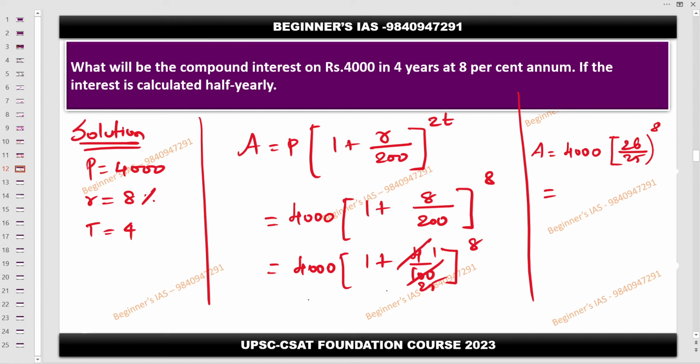One point something, isn't it? Here this one is 1 point something, just 1.04. 1.04 the whole power 8. So what is the exact answer here? Anybody use calculator?